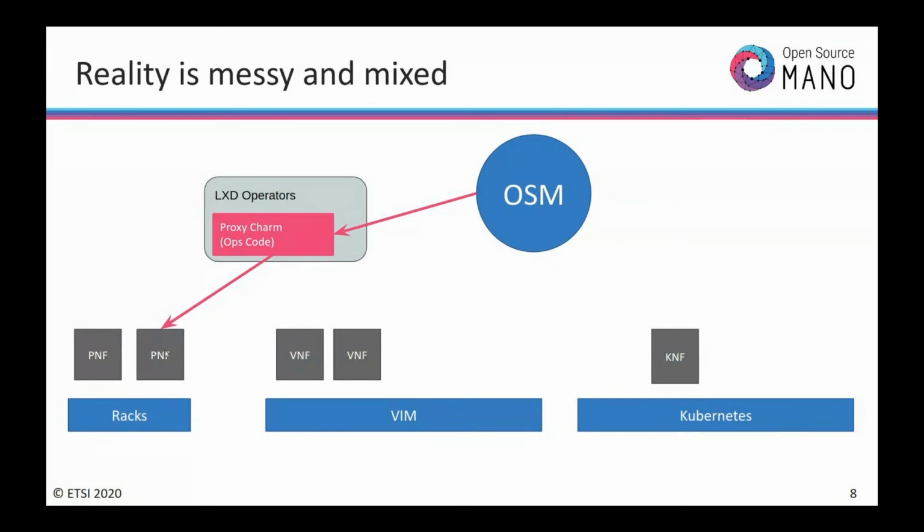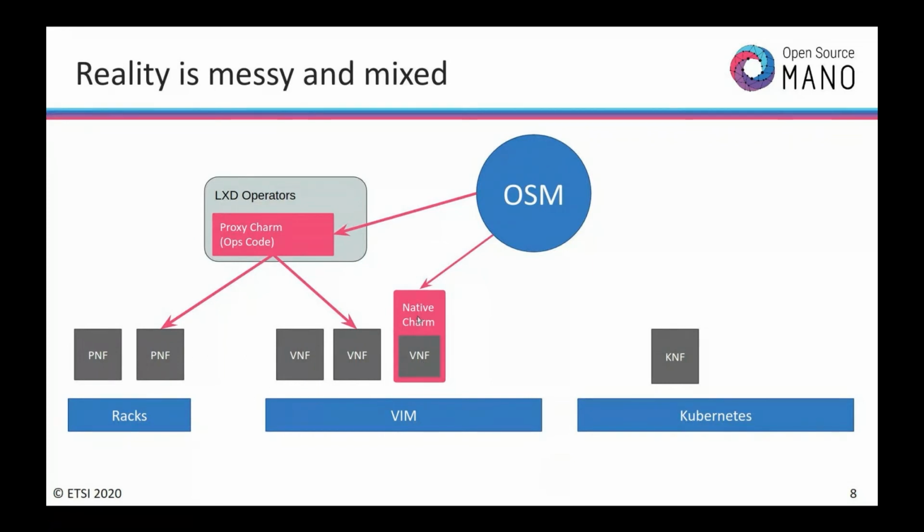The same thing can happen for virtual network functions, as well as you can have this code run as part of the network function directly, as what we call a native charm. So if you don't want this arm's length management and you have access to the source or the building process of the network function, you can bundle this ops code right into the virtual network function.